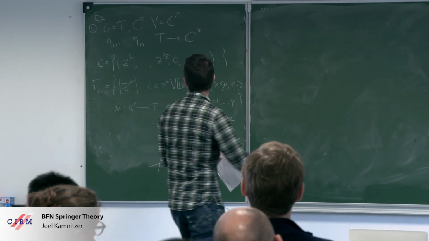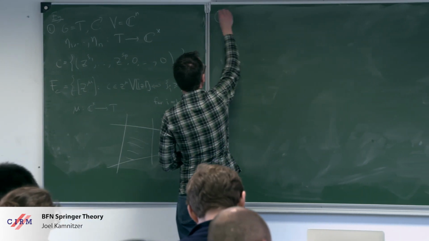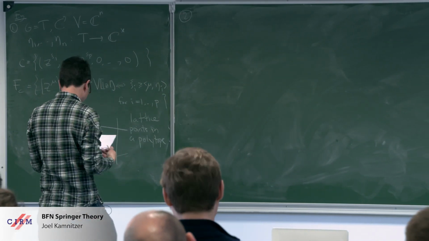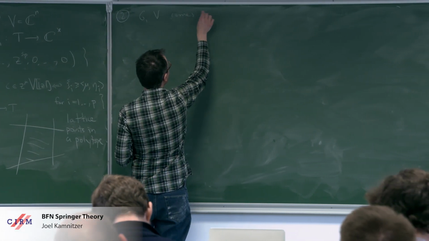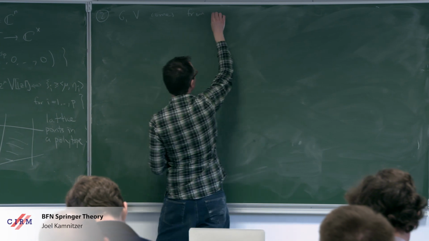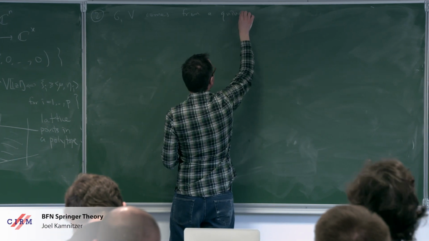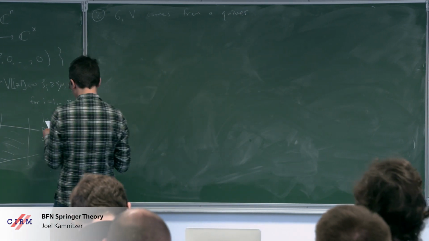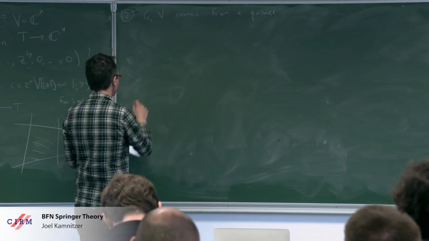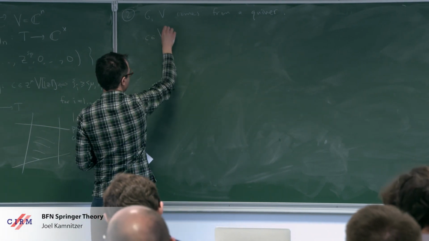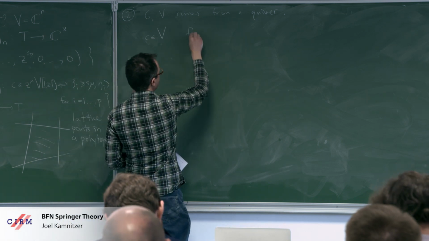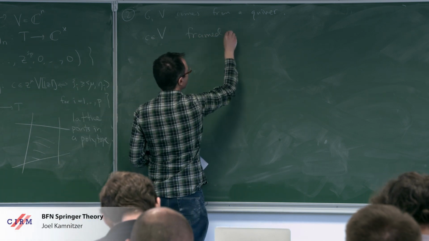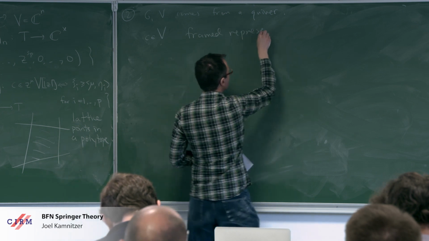Okay, so another example of this affine Springer fiber, which is really our motivating example, is when G and V come from a quiver. In this case, let me take C just to be a constant element, not a Laurent series, just in V. So this C corresponds to a framed representation of the quiver.